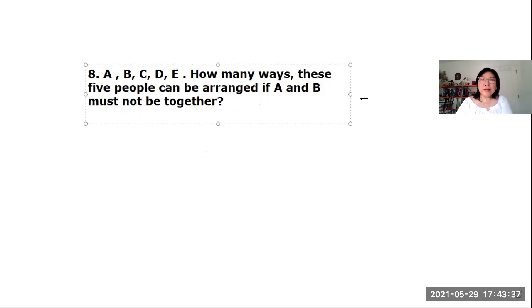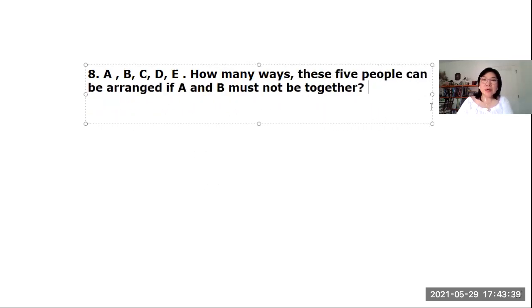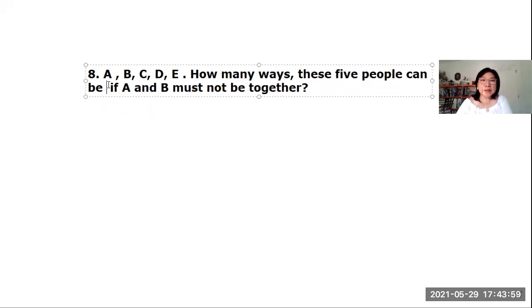Now, in this scenario, because the people are different and the order is important, if you have A sit beside B, how many ways can these 5 people be seated?